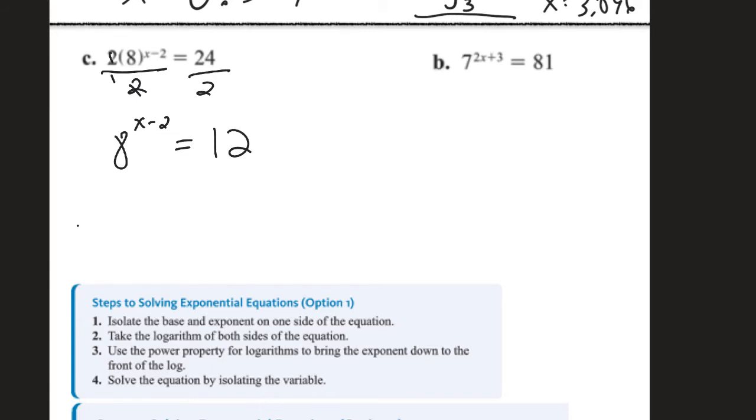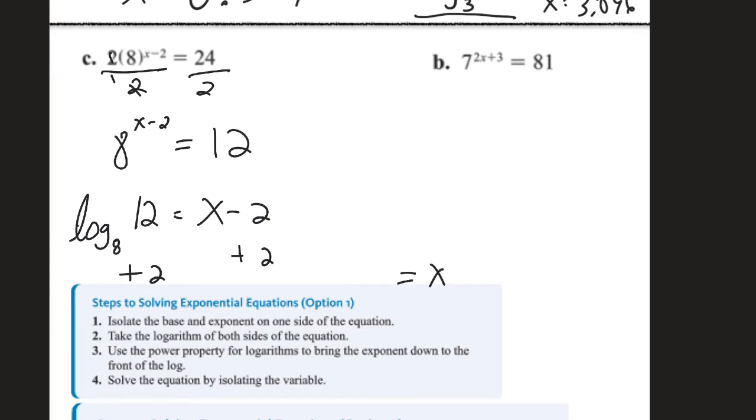I'm either going to take the log of both sides, or I'm going to put this in log form. If I put this in log form, it will look like log base 8 of 12 equals x minus 2. And I know that before putting anything in a calculator, I'm just going to isolate my x by adding 2 to both sides. So now I will have x is equal to log base 8 of 12 plus 2.